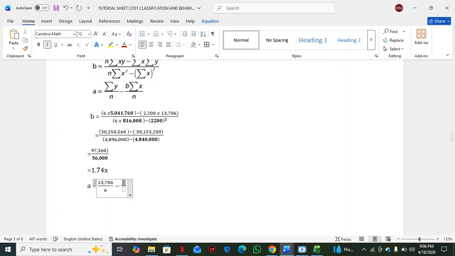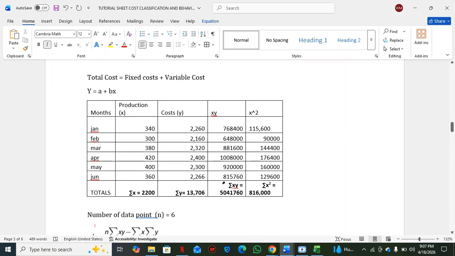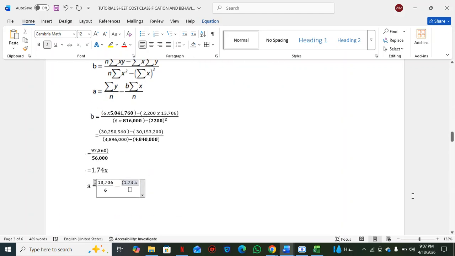Then here our B, which is 1.74. You always calculate B first. Multiplied by summation of X, which is 2,200, over 6.